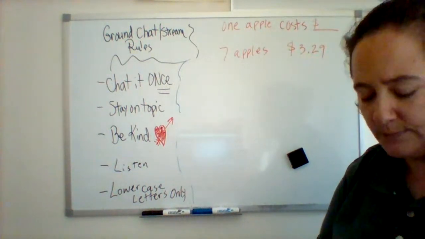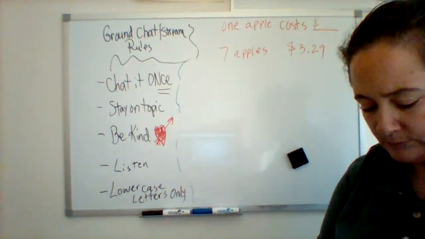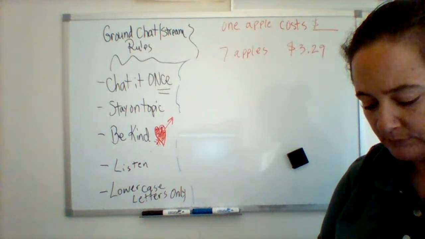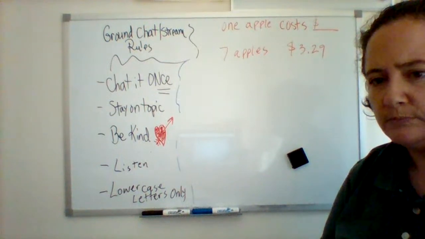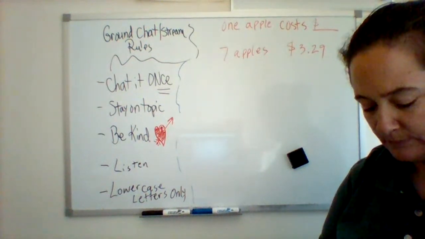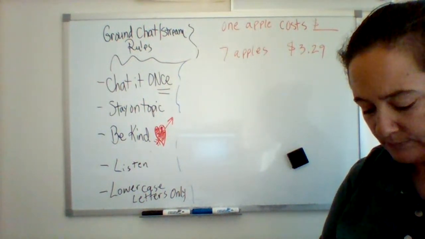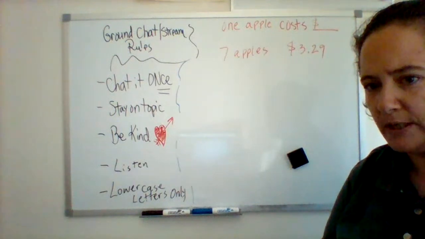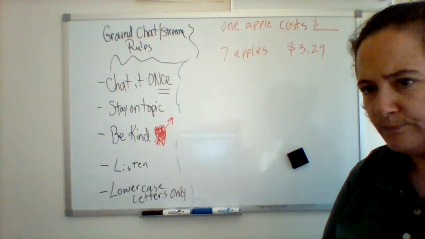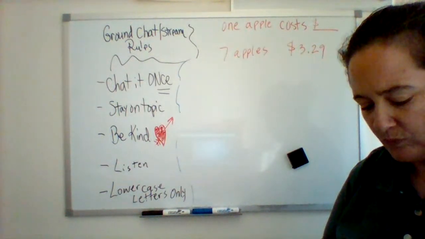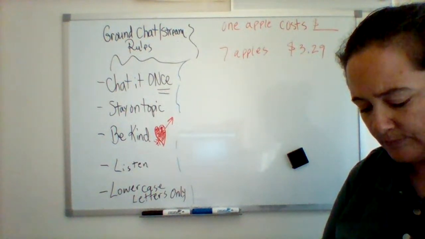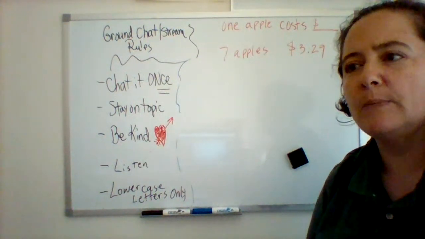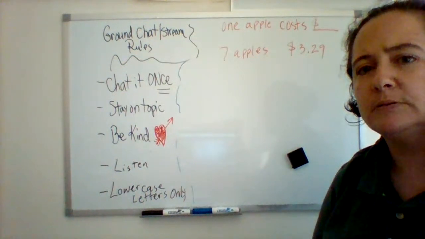Try again, Alex. Try again, Lewis. Try again, Ashley. And what I'm going to say is try a double number line.